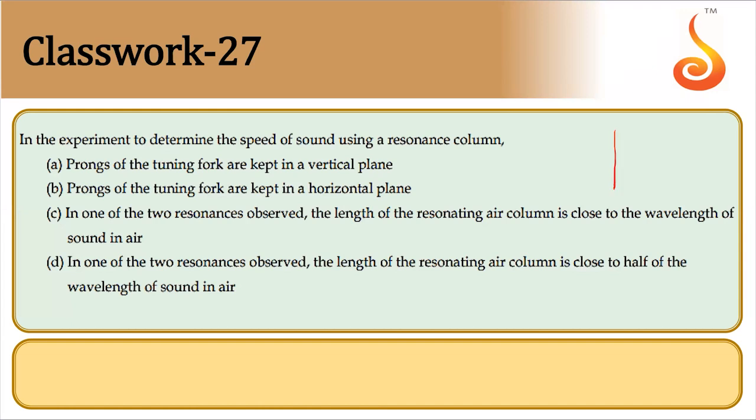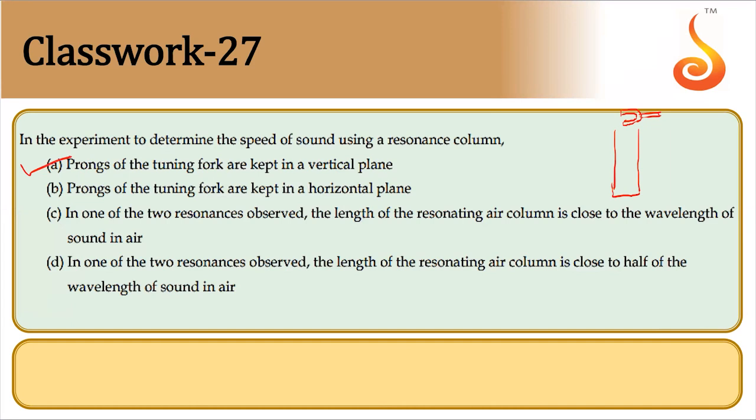See, if this is the resonance tube, air column, then tuning fork should be held this way. So that means it is kept in vertical plane.